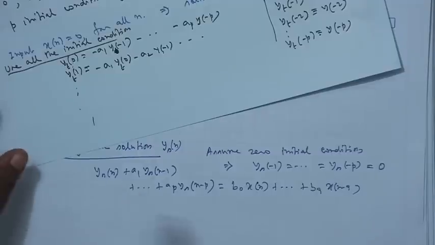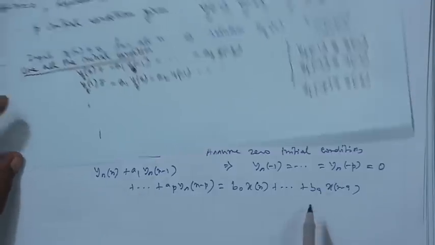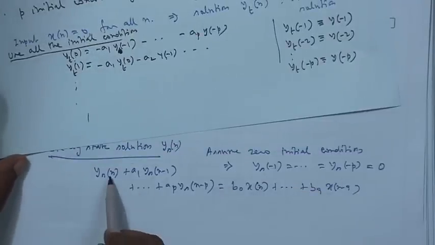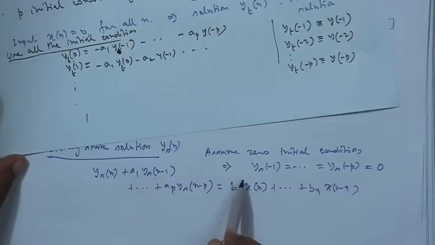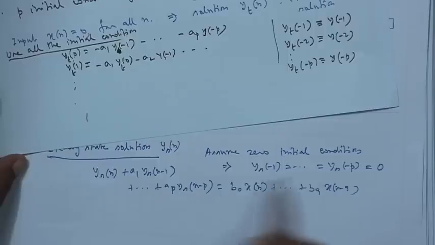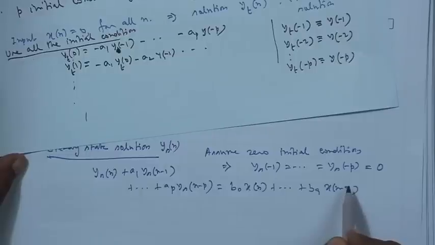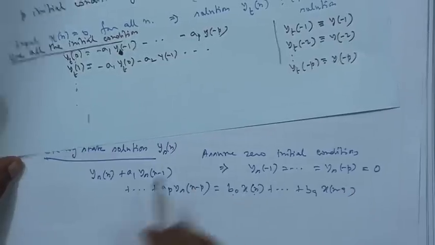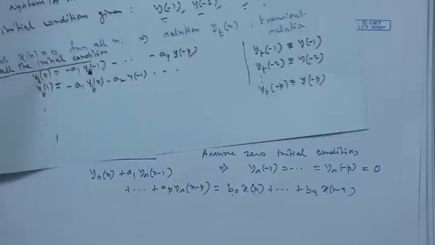All right. This equation I solve the way I told you how to solve. Y s 0 will be minus a 1 y s minus 1, but minus 1 is 0. Then minus a p y s minus p, because n is 0, but that is 0. Only b 0 x 0 will come up, so on and so forth. Okay. This solution is y s n.